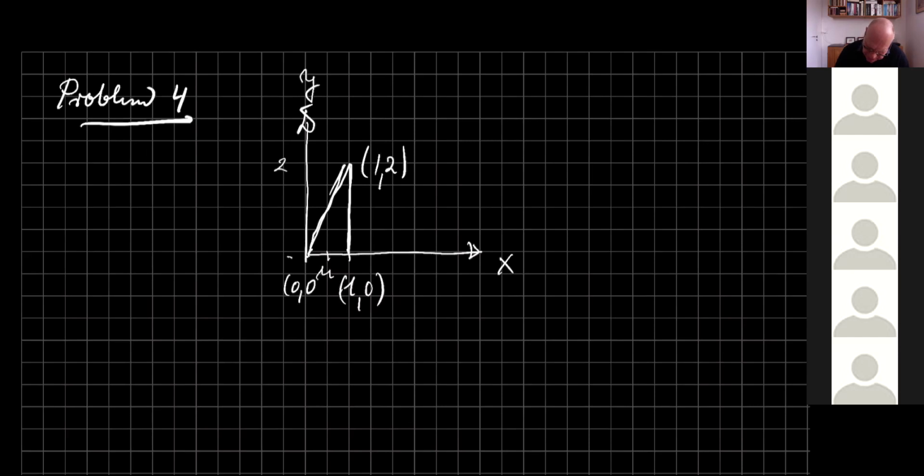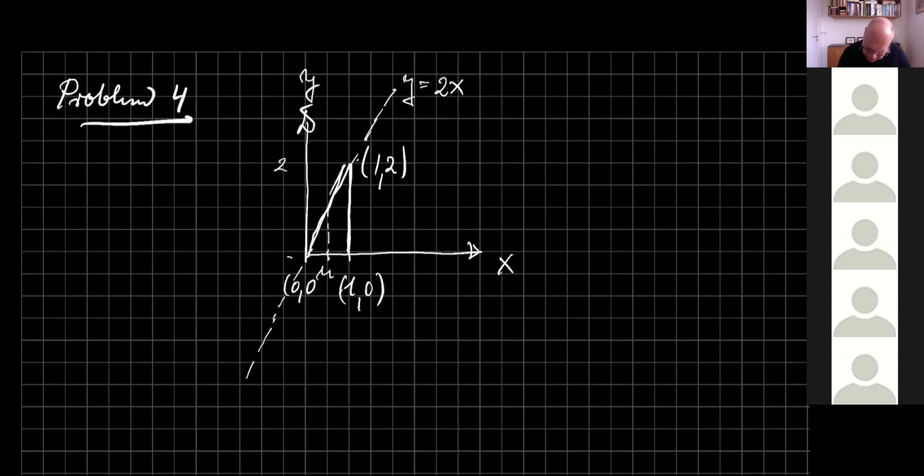And when I have u, I have this vertical line, and let me just take the full line here. This line has the equation y equal to 2x. So when x is equal to u, then this point here is 2u.